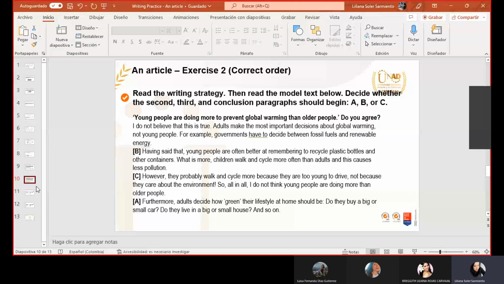Okay, here we have the correct order. Could you read the introduction and the first paragraph, please? Can you hear me?